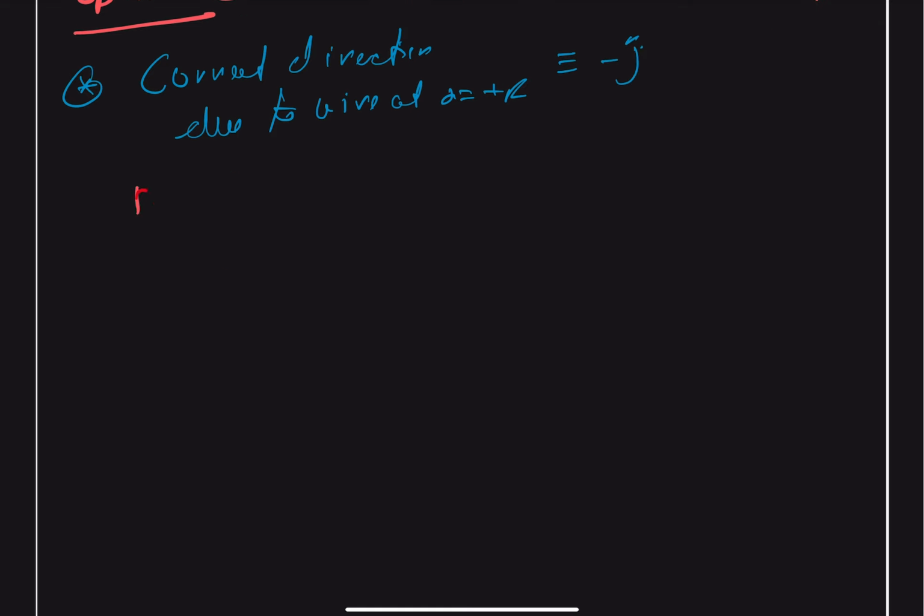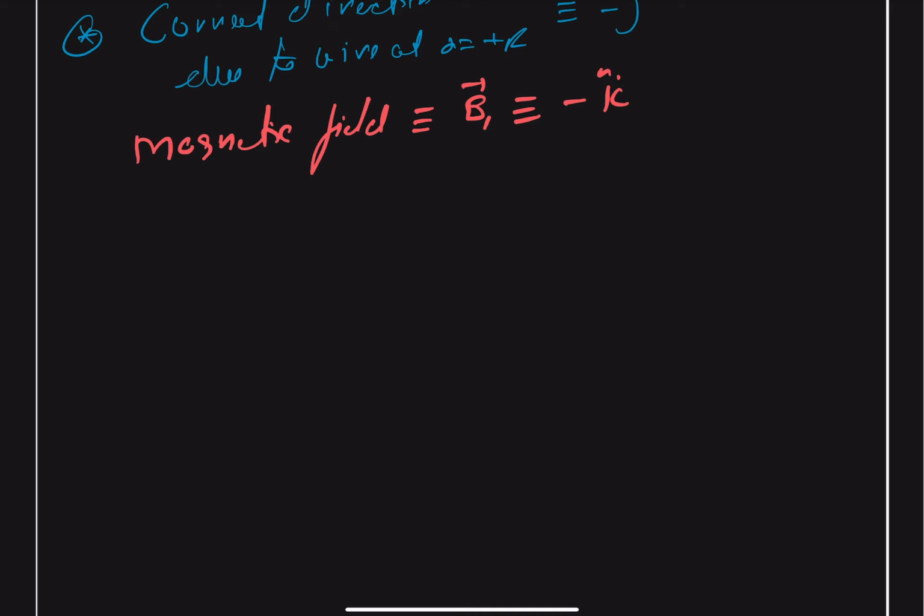Magnetic field, that is our B1, this will be along minus of k, and the magnitude B1 will be equal to mu naught I1 upon 2 pi r.